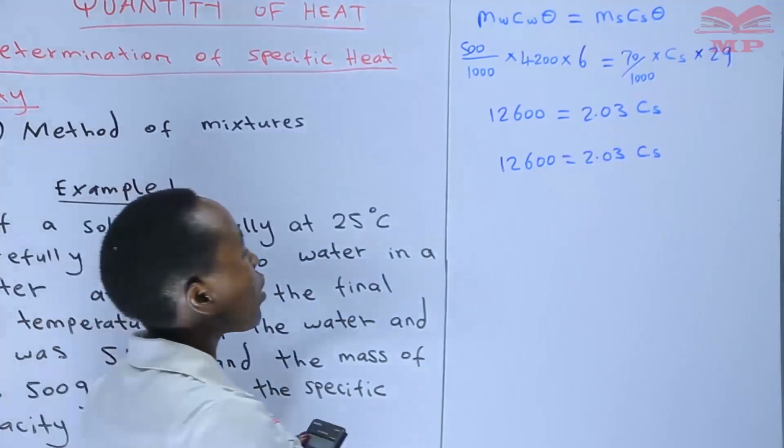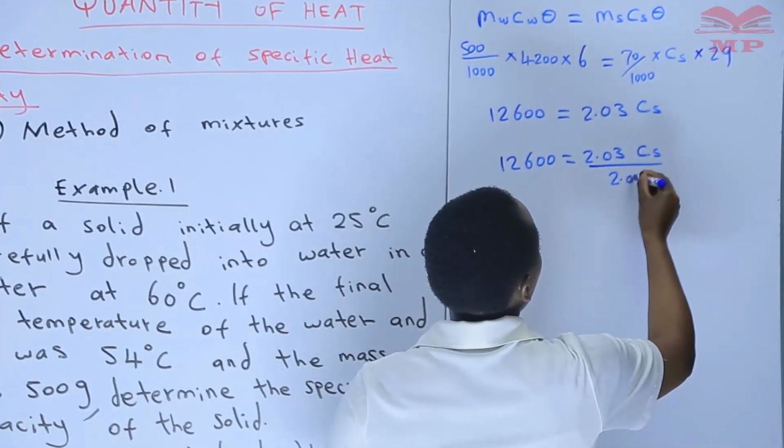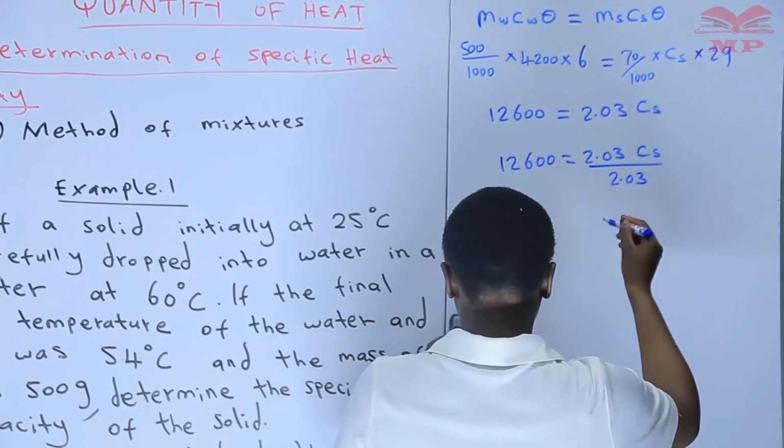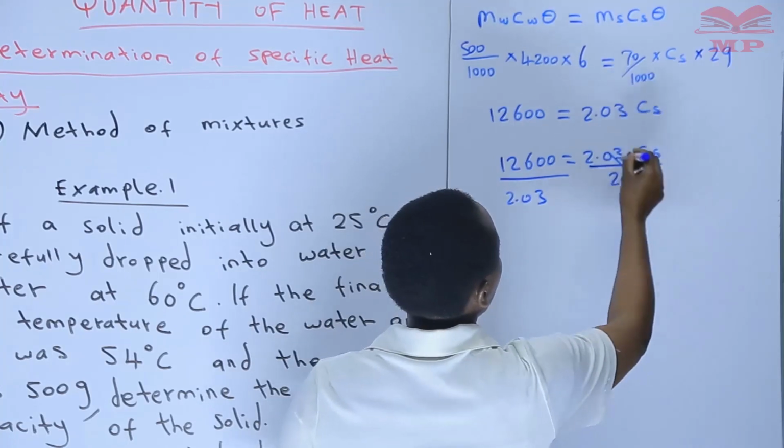And therefore, to get the specific heat capacity of the solid, we divide both sides by 2.03. 2.03 divided by 2.03, so we have that cancelling.